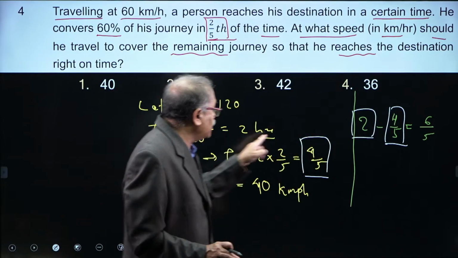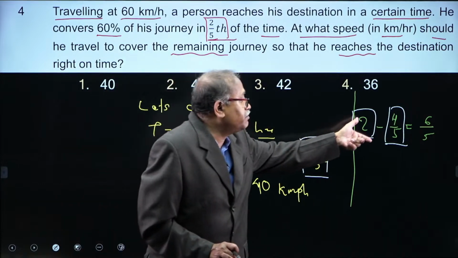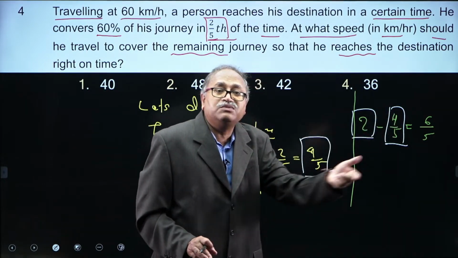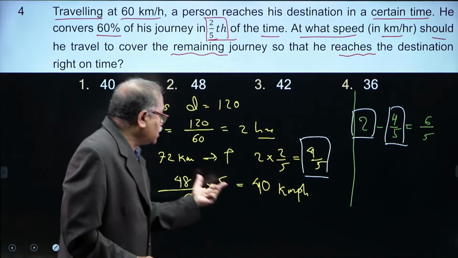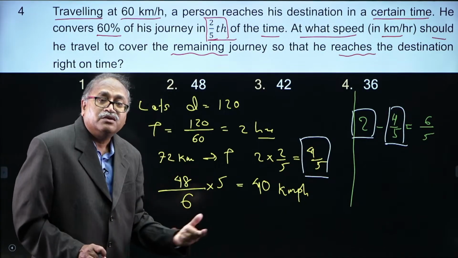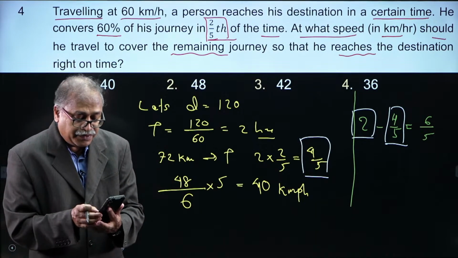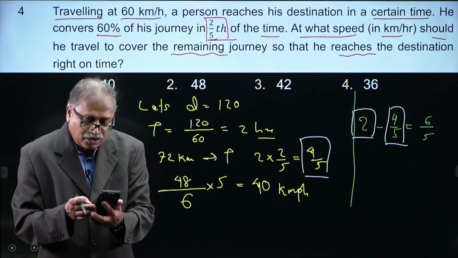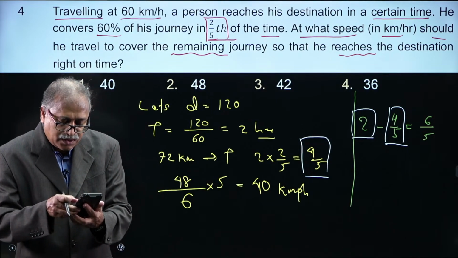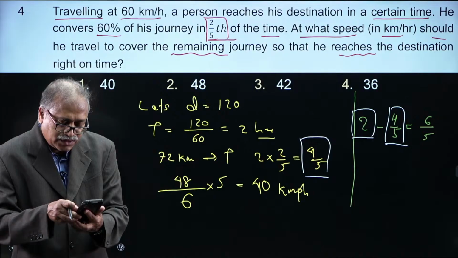So, out of total time 2 hours, if 4 by 5 hours is over, the remaining time is 6 by 5 hours. So, the distance divided by time will give us the speed, and I am getting 40 kilometer per hour.